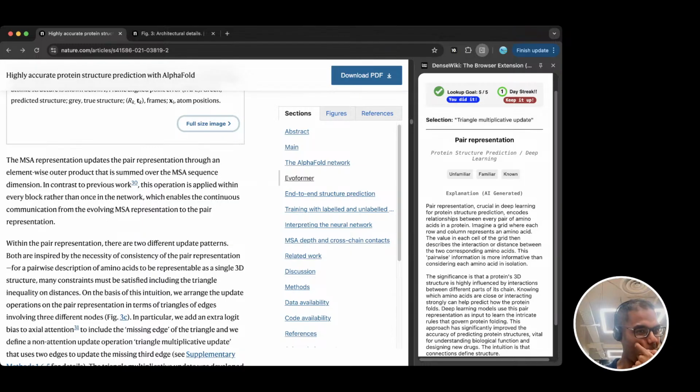Okay, I don't need to go into all these details of exactly how the model would train. Applied within every block, rather than once in a network.